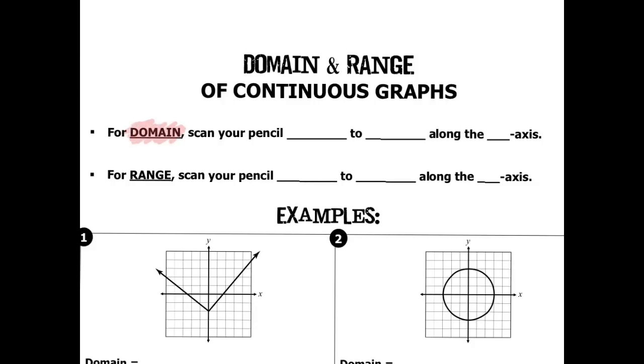Remember that the domain is always your x values, and your x values are the ones that go from left to right. So when you're looking for the domain and you're looking for all of the x values that are included on a graph, you are going to scan your pencil left to right along the x-axis.